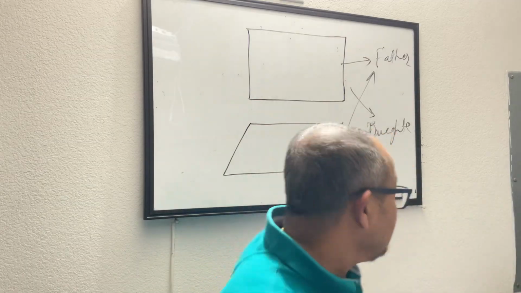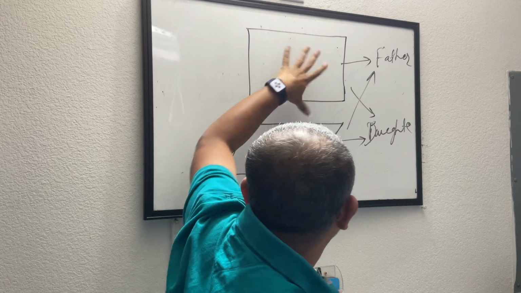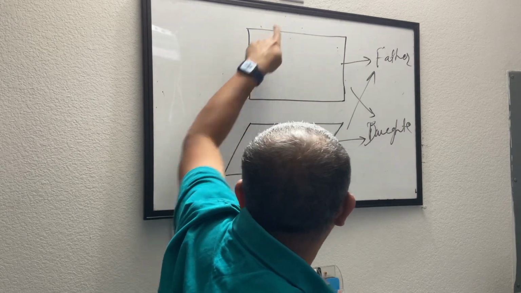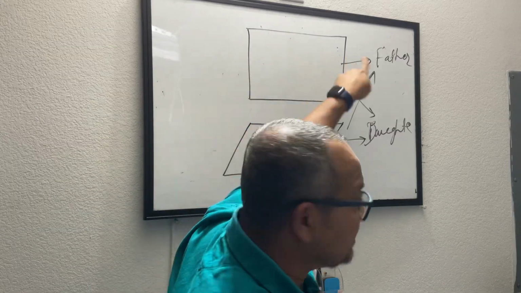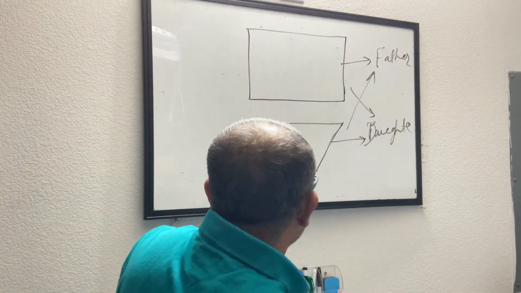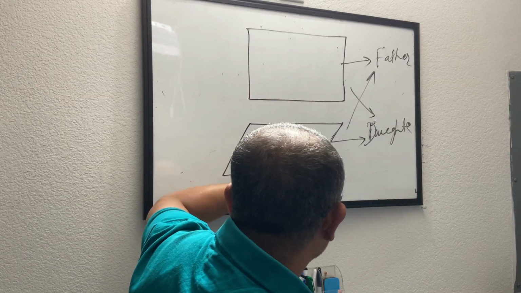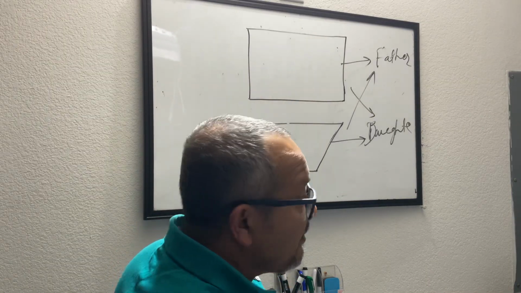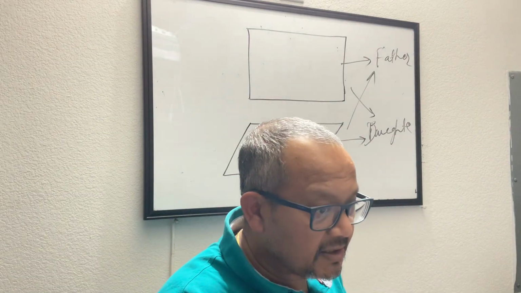In a rectangle, you have opposite sides equal and parallel. So this side equal and parallel, this side equal and parallel, and every angle is 90 degrees. Whereas in a parallelogram, opposite sides are equal and parallel. So this and this are parallel and equal, this and this are parallel and equal. But the angle may or may not be 90 degrees.